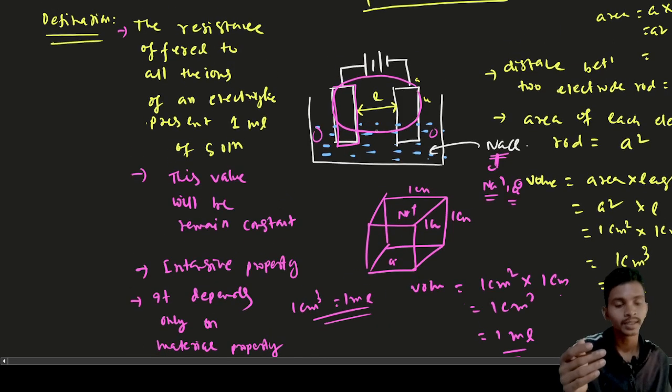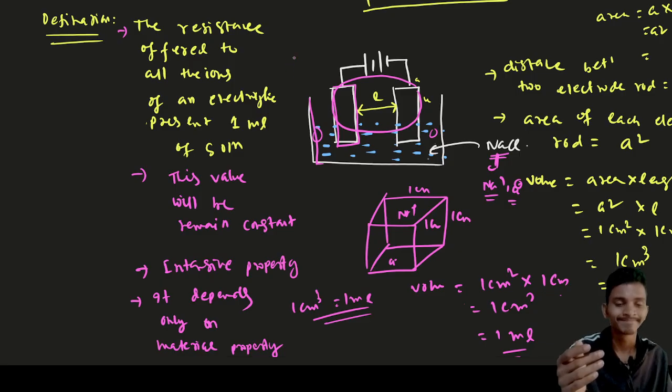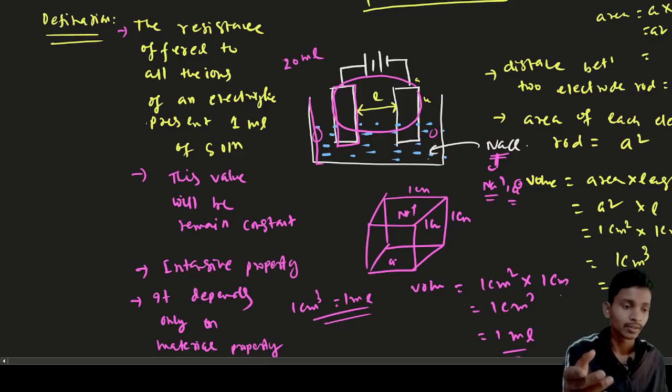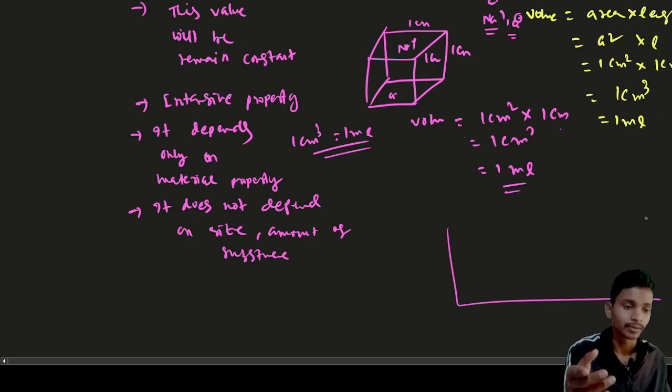Like here, if you take this beaker, let's say a 20 ml beaker, in another case we may take a 50 ml beaker. In that case also the specific resistance value will be the same, because from there also we will consider only 1 milliliter volume of solution.